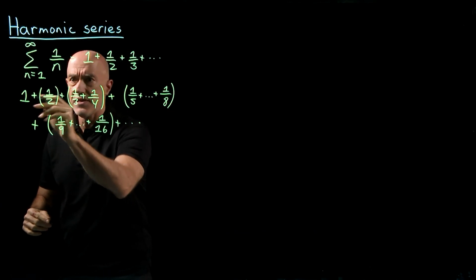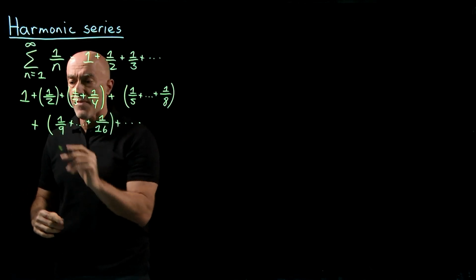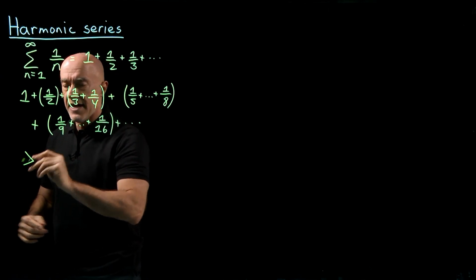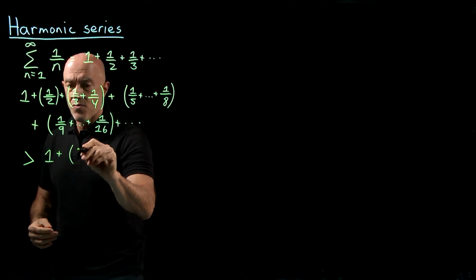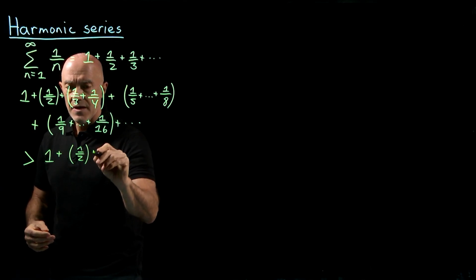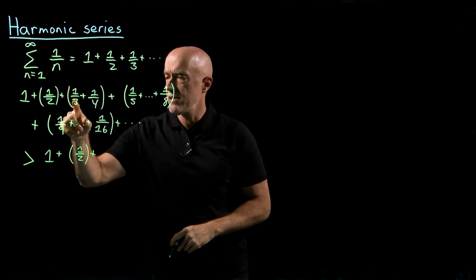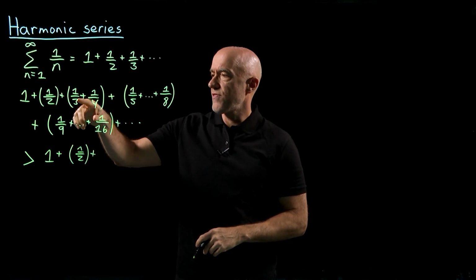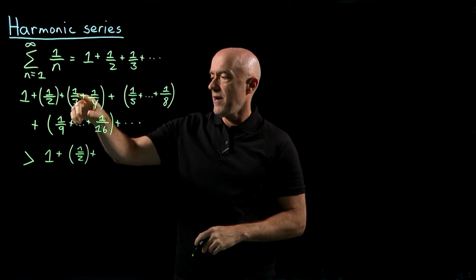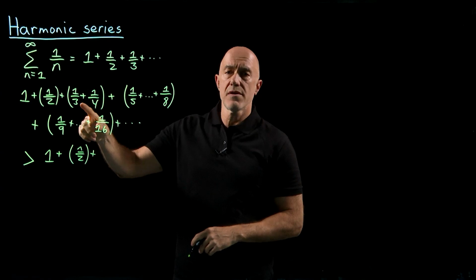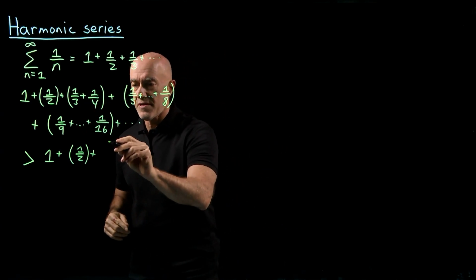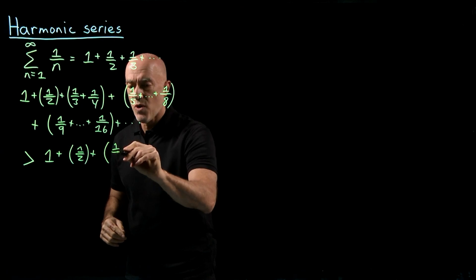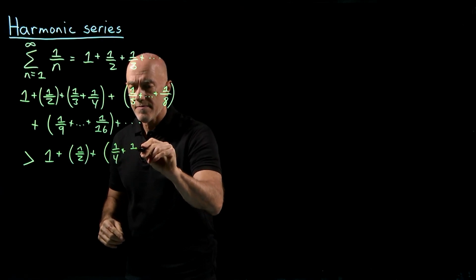We can say that this series here, which is the harmonic series, is then greater than 1 plus our 1/2. And we can replace 1/3 by something smaller than 1/3. That would be 1/4. 1/4 is smaller than 1/3. So this can be 1/4 plus a quarter.